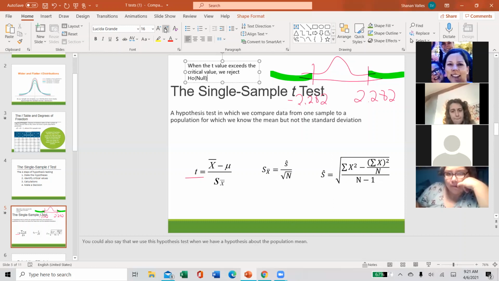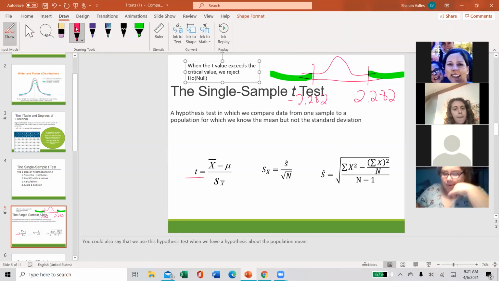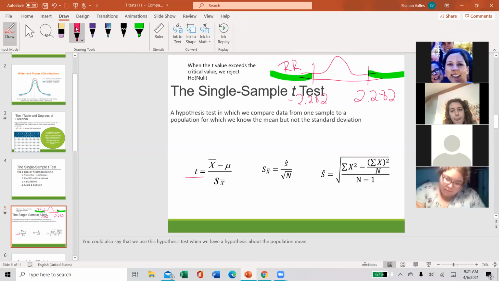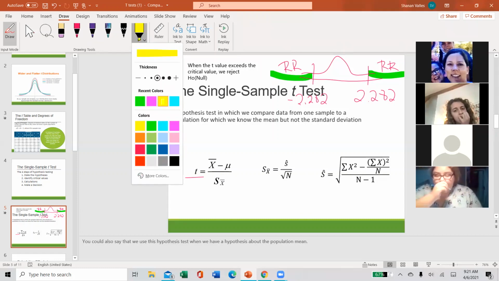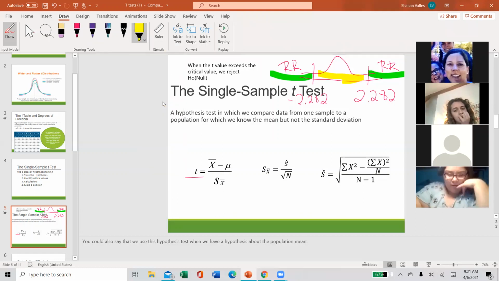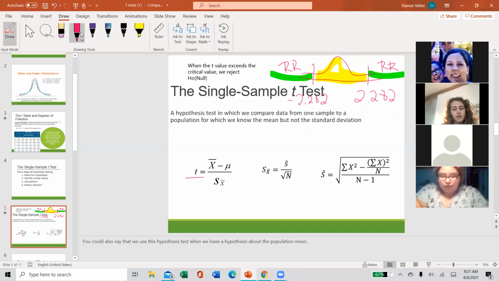Okay, so let's see, I'm going to go back to draw now. Anything in here, we call this the rejection region. Anything beyond our critical value is called the rejection region. If it does not exceed the critical value and we have a t-value anywhere along here, that is when we have to either fail to reject or we accept. Let me write that too.